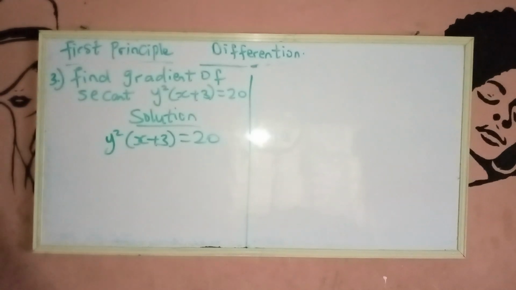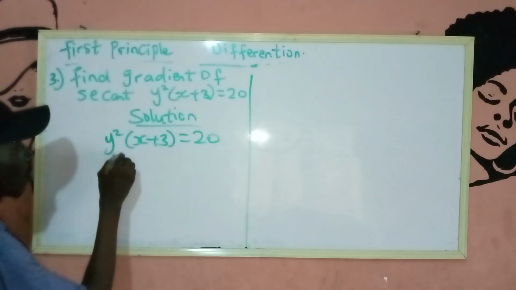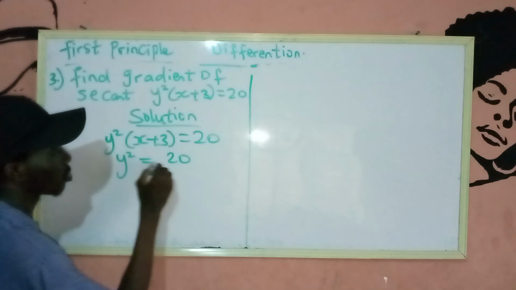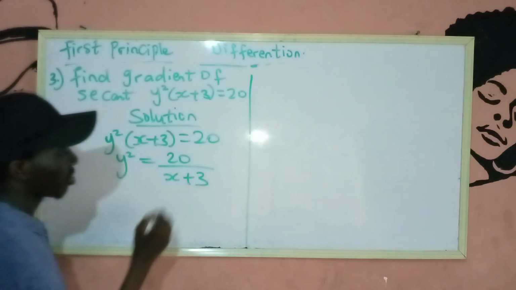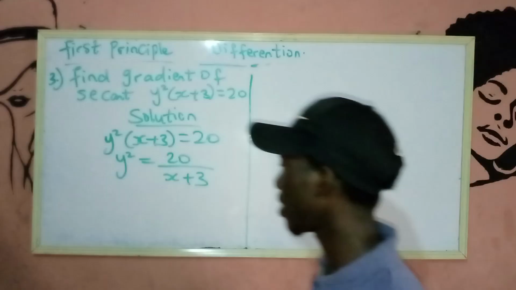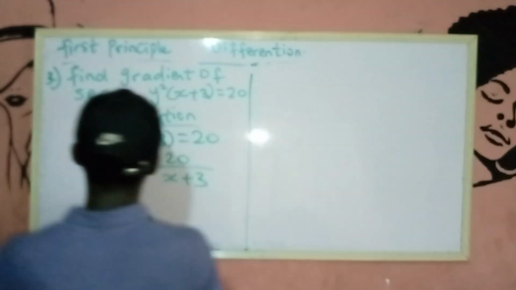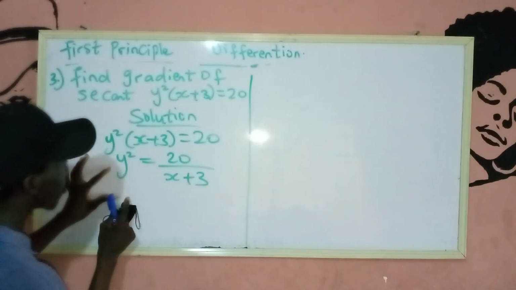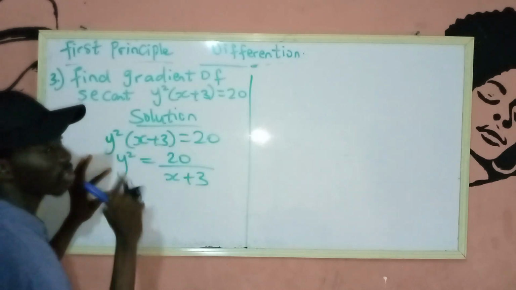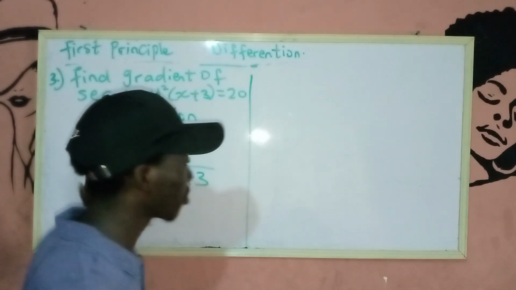So in that case, y squared is equals to 20 over (x plus 3). That will be it. So here is 20 over (x plus 3) because this is the actual function. So what we'll be doing next is you won't take the square root of this just because you want to look for y. No, that is wrong.